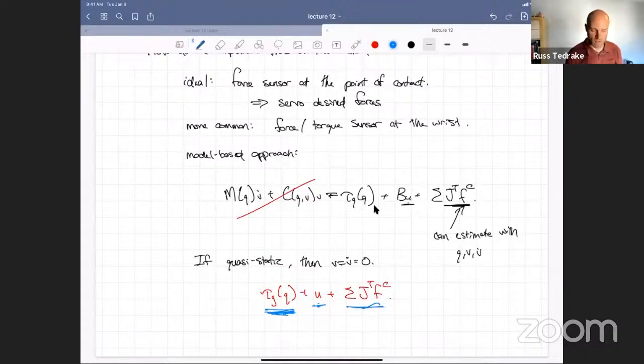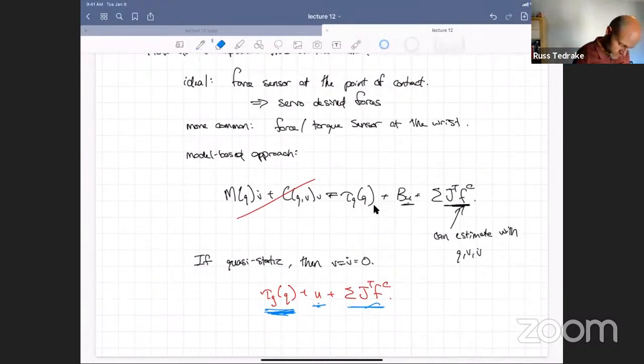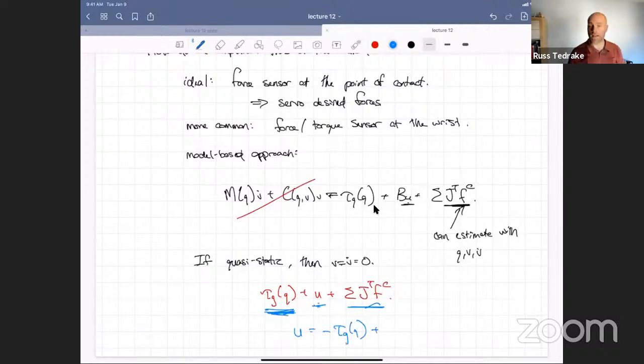And you can see from this relationship that the commands you need to send should look like this. If we take the single force case, you really want to do something like this, so that when you put the whole thing together, you're left with this canceling this, and u going through the Jacobian transpose setting F desired roughly equal to F contact, your desired contact.